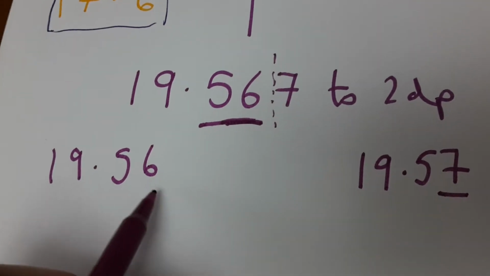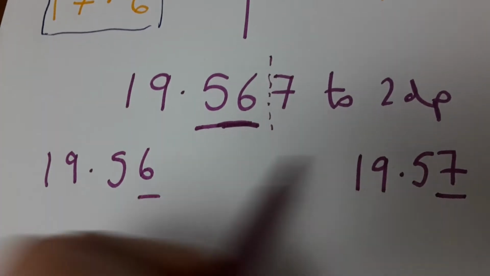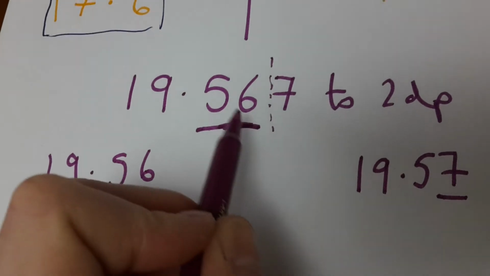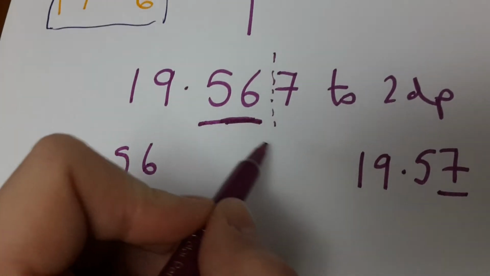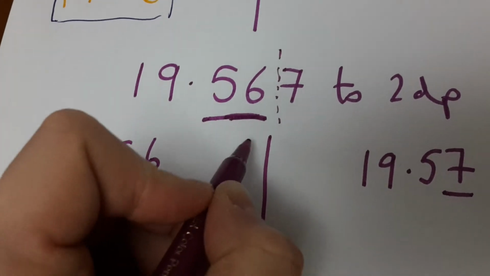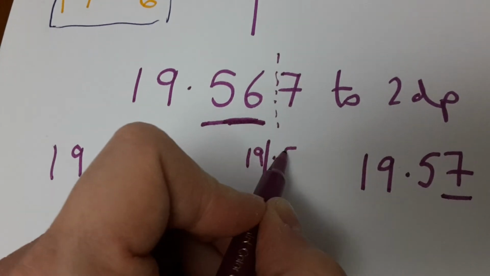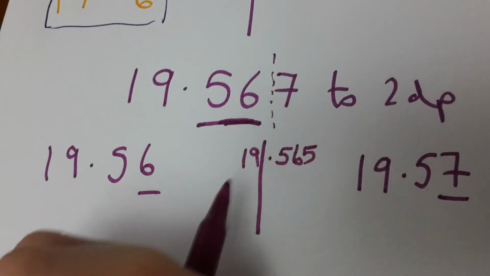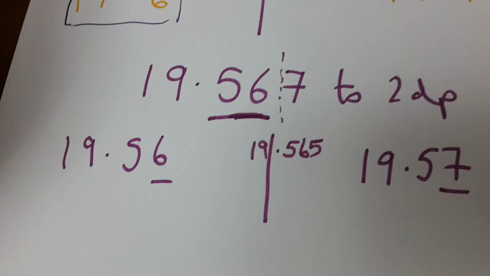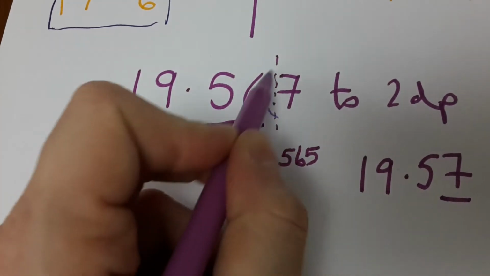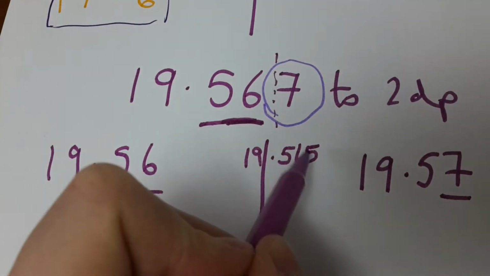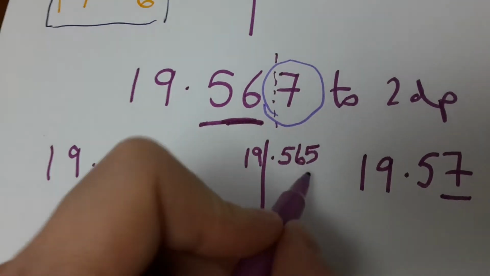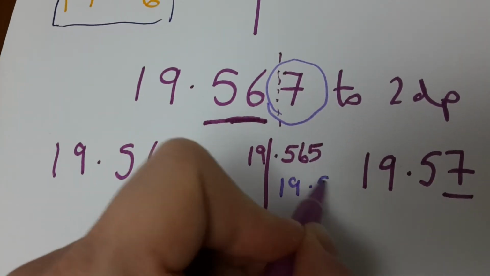Notice that again, I'm looking at my last 2 values and I've just counted up 1 from where I'm at. The midpoint between them is going to be 19.565. Now we have a 7 on the end. That 7 is greater than our 5, so it's going to sit this side.